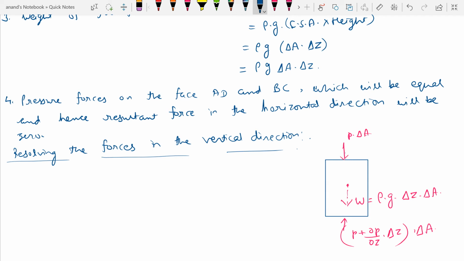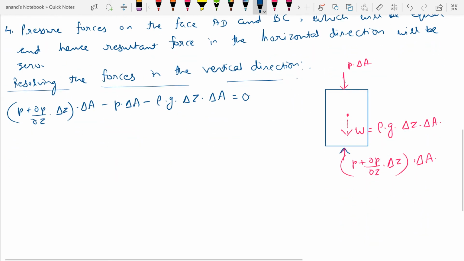By taking the downward forces as negative and the upward forces as positive, we will have P plus del P by del Z into del Z into del A, minus P into del A, minus rho g del Z multiplied by del A, equal to 0.